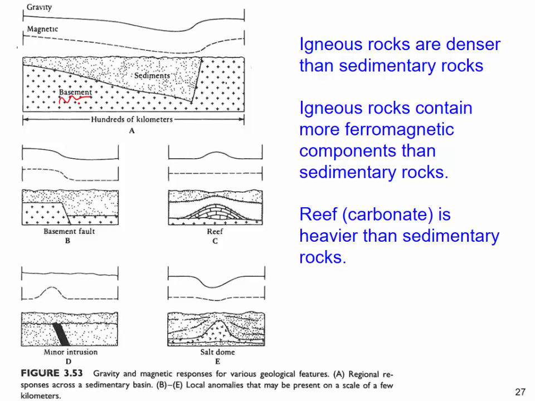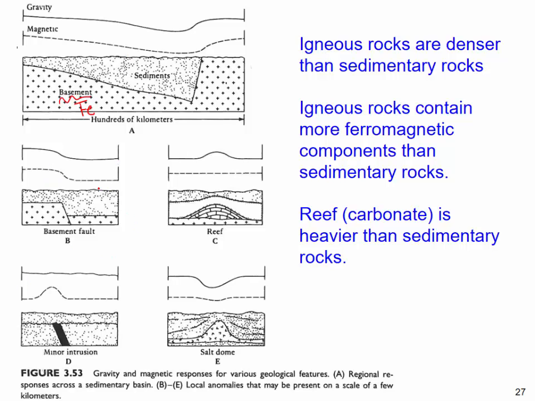So it's denser than the other one, and it's also rich in iron. So you have a gravity anomaly like this, and this is the magnetic survey region, also with a negative anomaly in the sedimentary region.